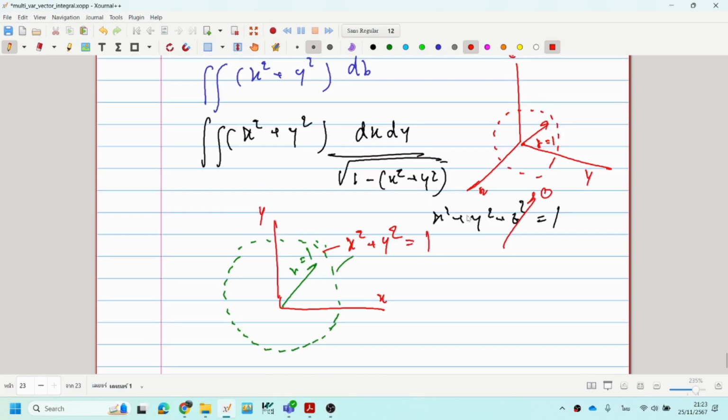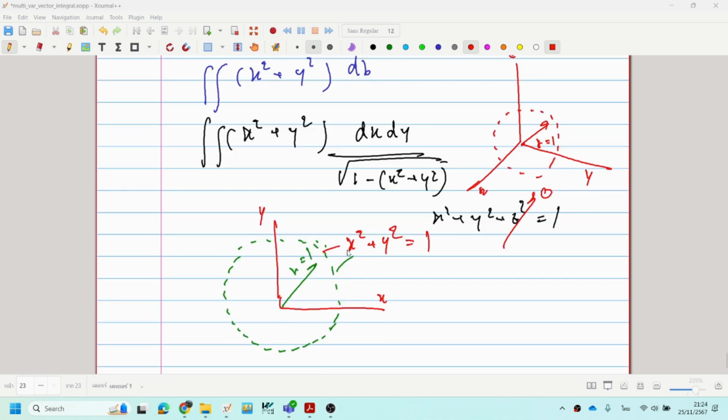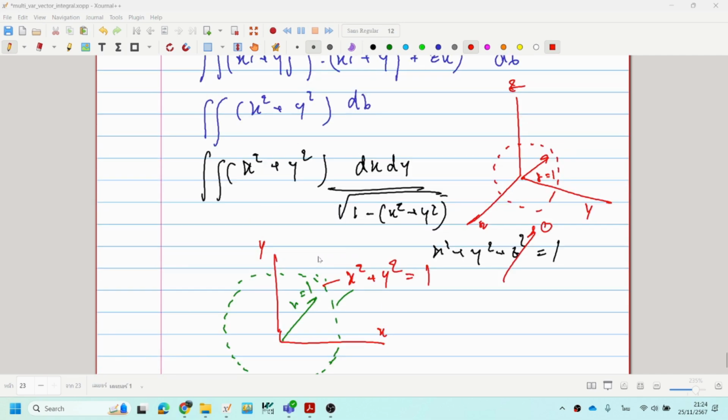Why did I analyze this area, this region? Because I need to find out the lower limit and upper limit of the surface of the region. Okay, the double integral. You have learned double integral before, right? In the last semester. Double integral is a region, and inside, the lower limit and upper limit depend on the function, and outside, the limits are values.